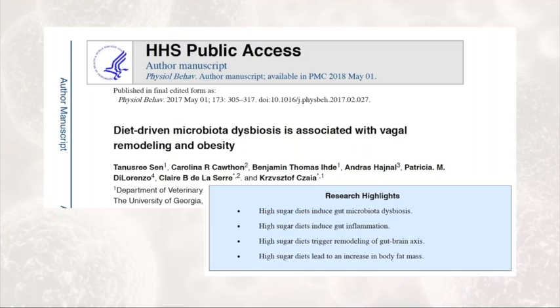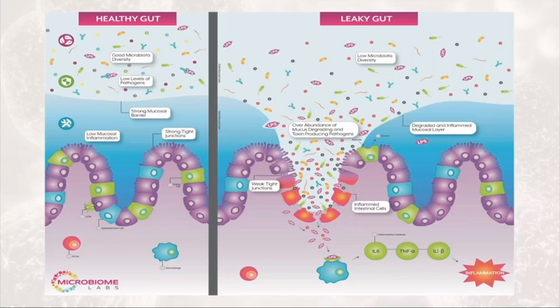And we all know that high sugar diets can lead to an increase in body fat mass. And a lot of these occurrences are due to a modulation of the gut microbiome. So we want to pay attention to that theme as well. And here we are again, back to our illustration showing the healthy gut and the leaky gut side by side.